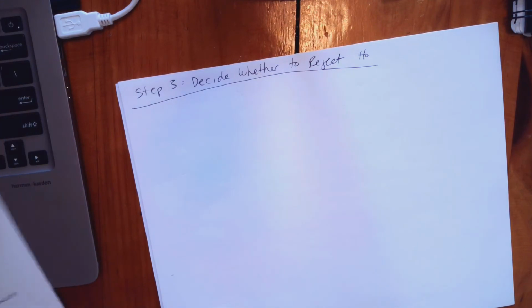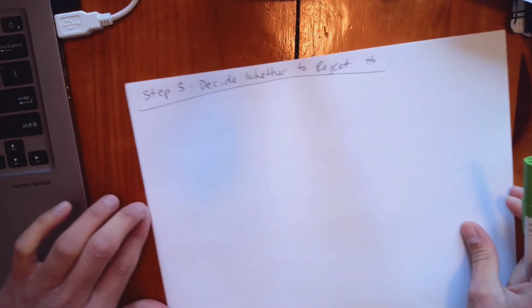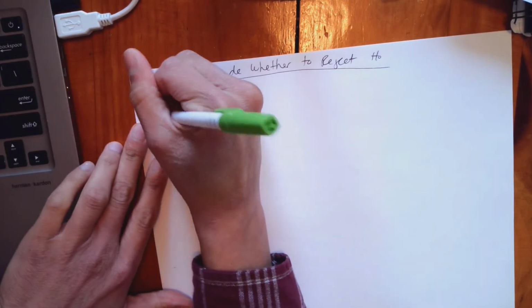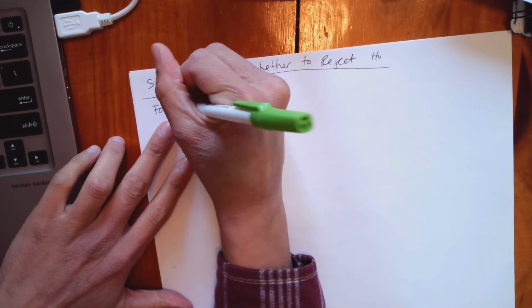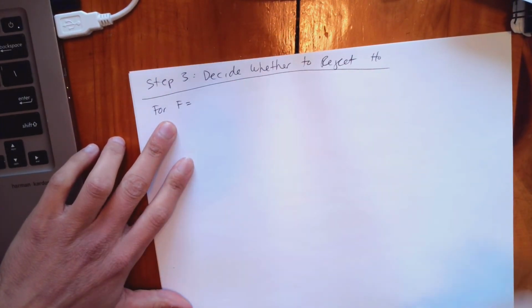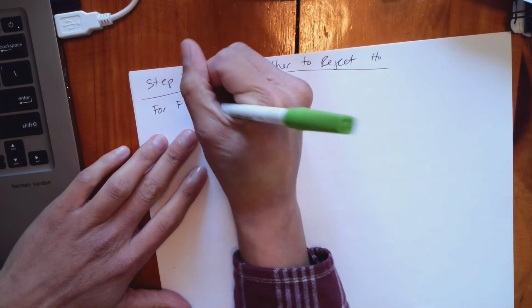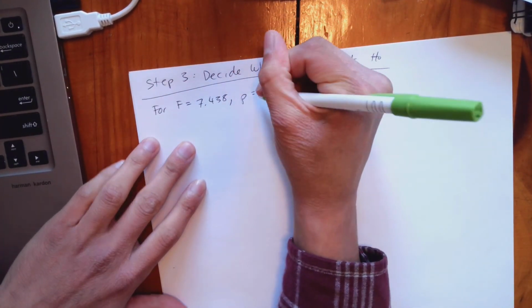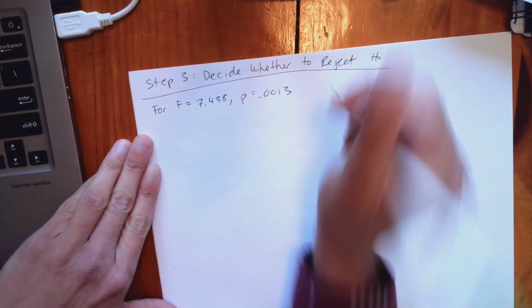So our final step in conducting an analysis of variance test is to decide whether to reject the null hypothesis. And we do this with a p-value. In this case, for an F statistic of 7.438, p is equal to 0.0013.